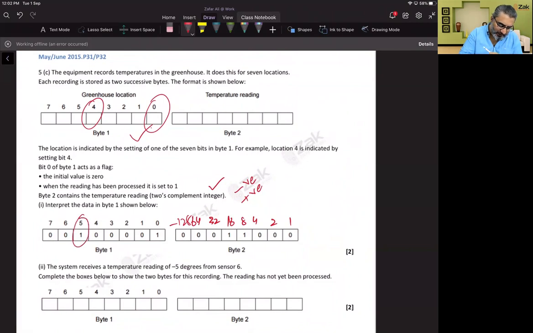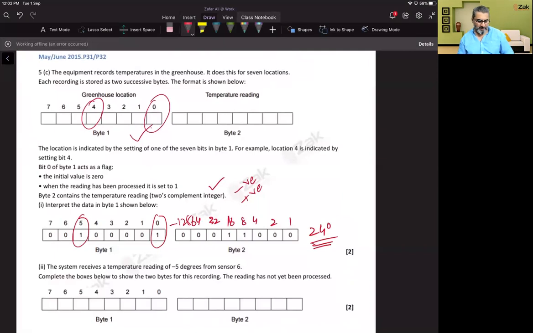Location 5 indicates that the data has changed, and bit 0 says that the data is processed, and the temperature at location 5 is 16 plus 8, so 24 degrees.